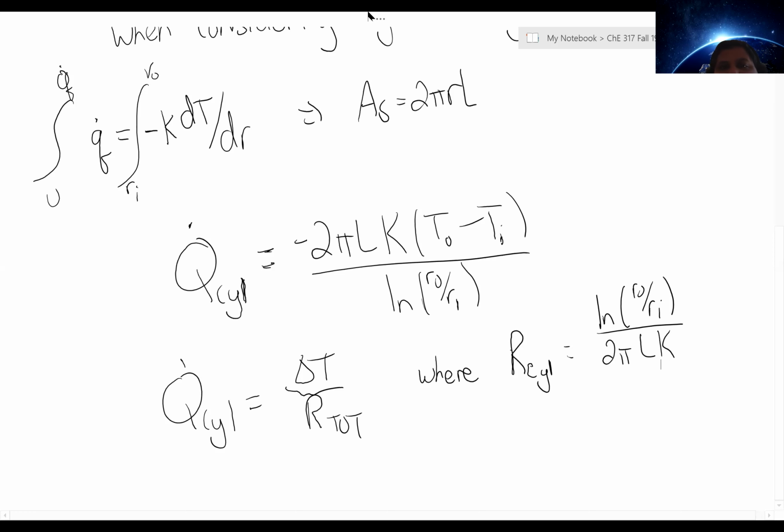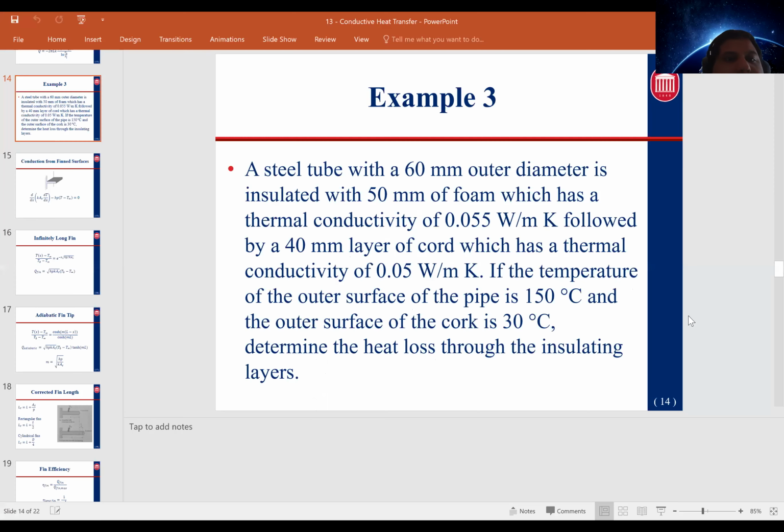So let's take a look at an example of using this expression. Consider a steel tube with a 60 millimeter outer diameter being insulated by adding to the outside of the tube a 50 millimeter layer of foam, which has a thermal conductivity of 0.055 watts per meter Kelvin, followed by a 40 millimeter layer of cork, which has a thermal conductivity of 0.05 watts per meter Kelvin.